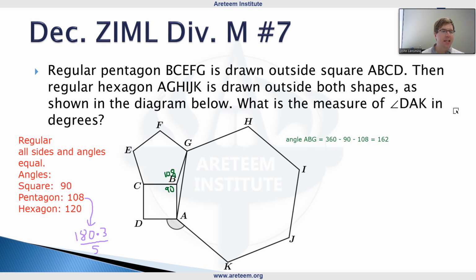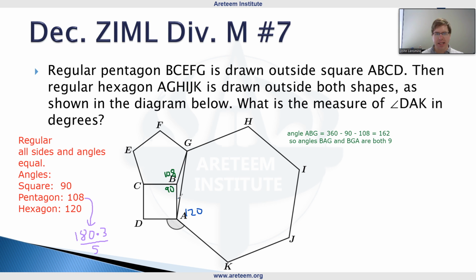We then have an isosceles triangle, so we have two 9-degree angles. So angles BAG and BGA are both 9, right? And so then this is where we're getting started from there. Now we have a 120-degree angle here.